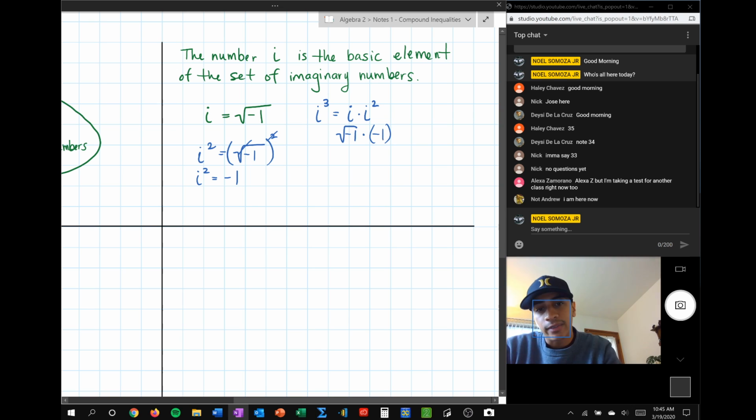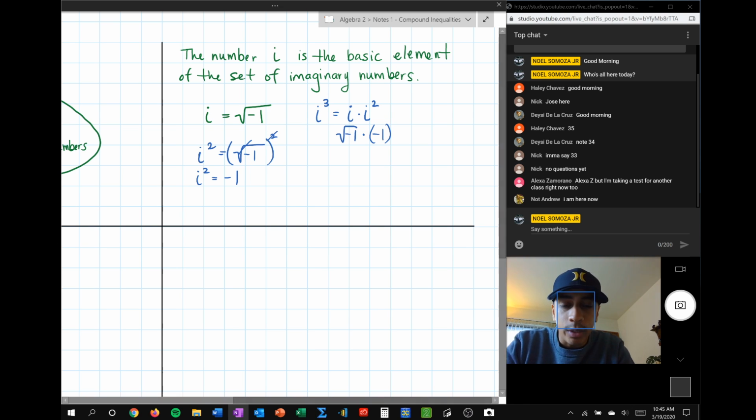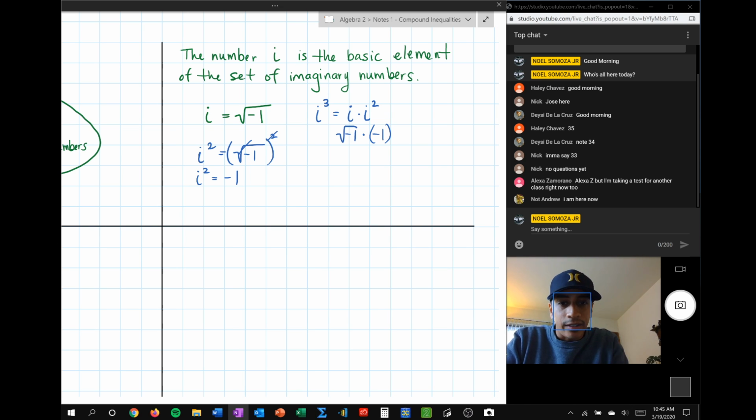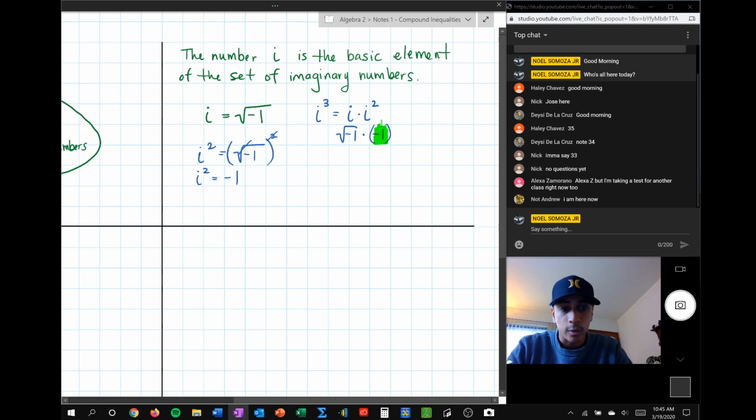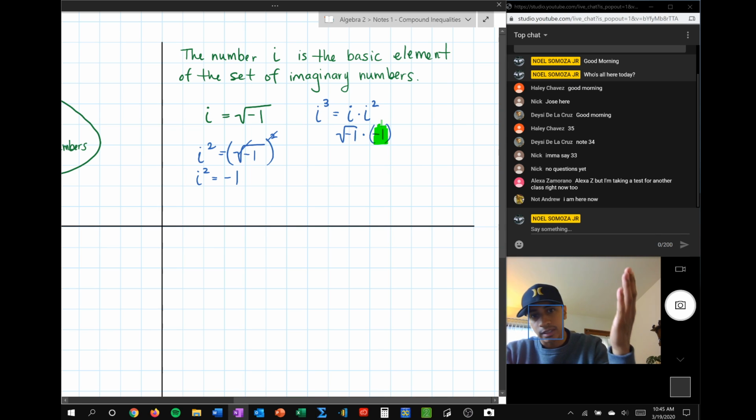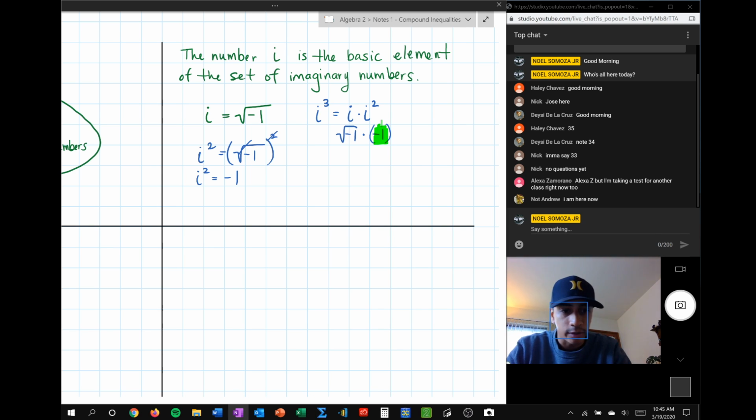Now if I multiply those things together, remember one of them is inside the square root, one of them is outside. The second -1, this one right here, is not inside of a square root anymore. I squared, the square eliminated the square root, so it's literally just -1.